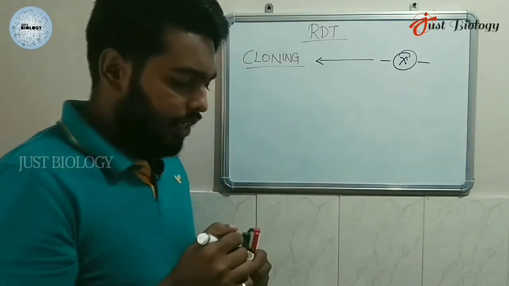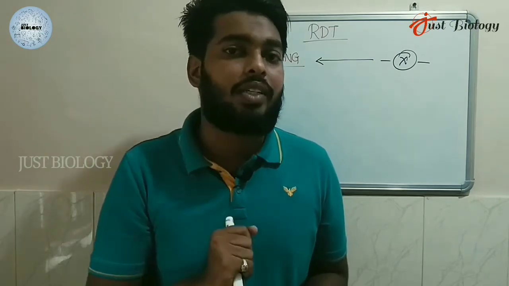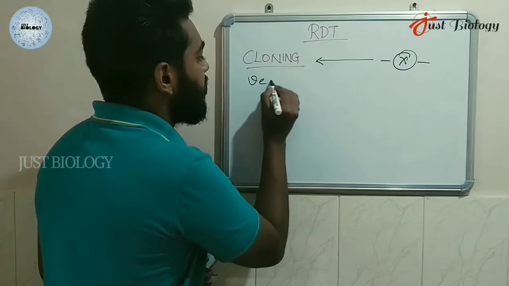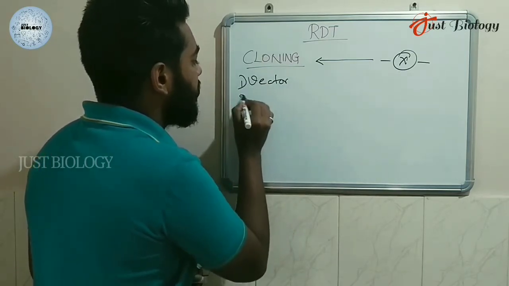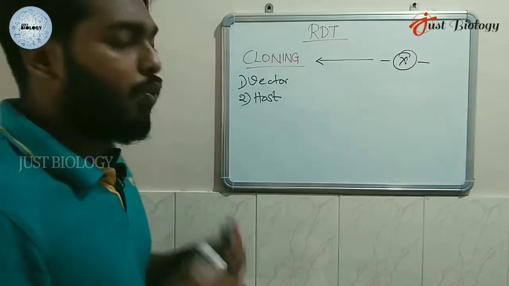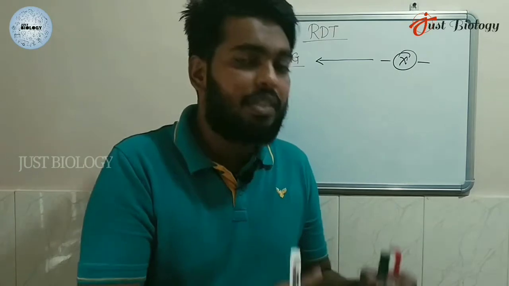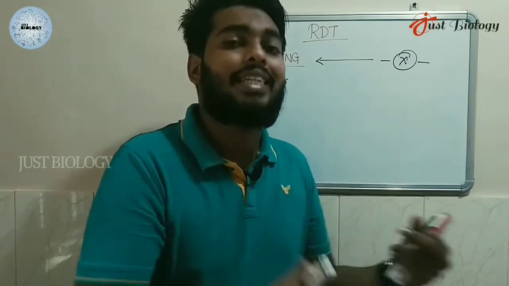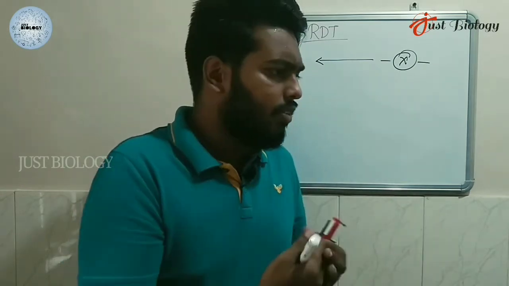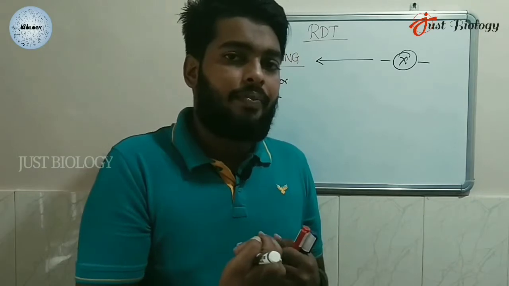In this cloning, we'll use two things. One is the host and the second one is the vector. I'll tell you what they mean. The vector is the gene or the fragment of DNA which is carried into the cells, or the place of interest, where we want to transfer it.